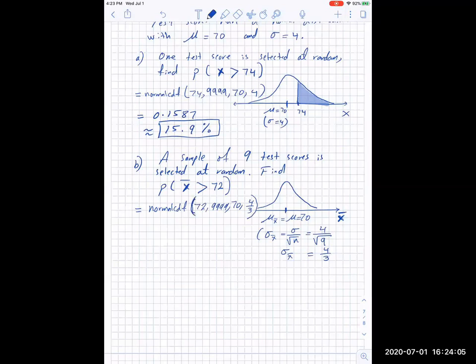Not 4, but 4 over 3. We're using the sampling distribution of sample mean.